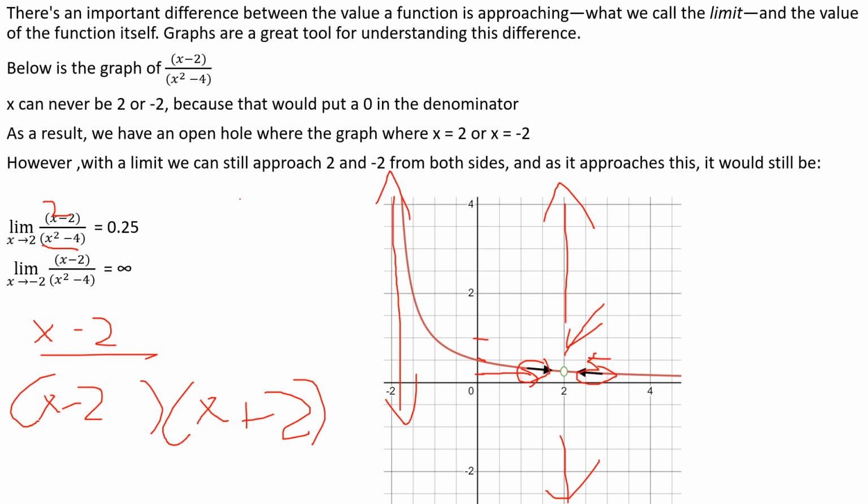And these cross off. Remember, let's go from the beginning here. But when I cross these off, they cancel each other out. I'm left with 1 over x plus 2, which means x can never be negative 2. That's why we have an asymptote. But also, where I'm asking about 2, so I cross it off, that gives me a hole right there.